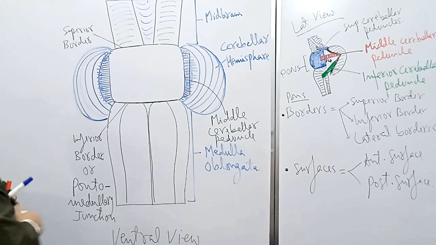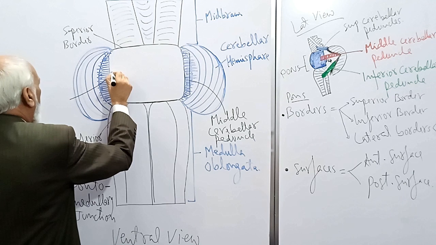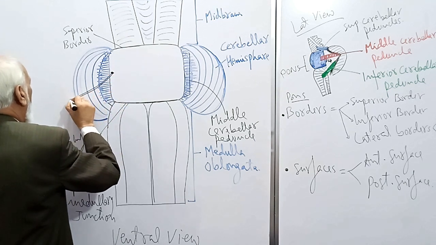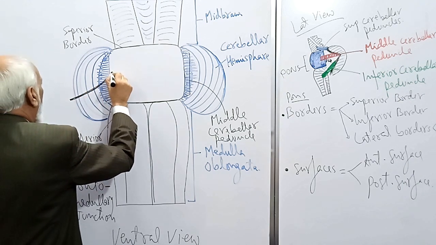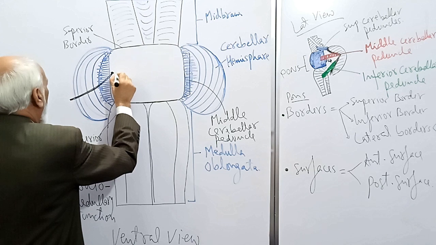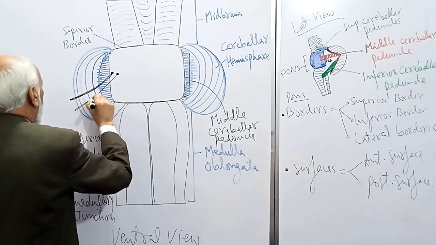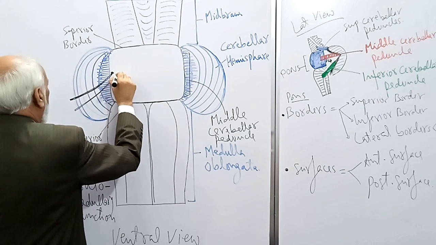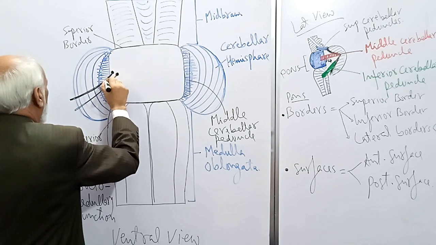Here there is attachment of the trigeminal nerve by two roots. The trigeminal nerve emerges from the anterior surface of the pons by two roots, sensory root and motor root.